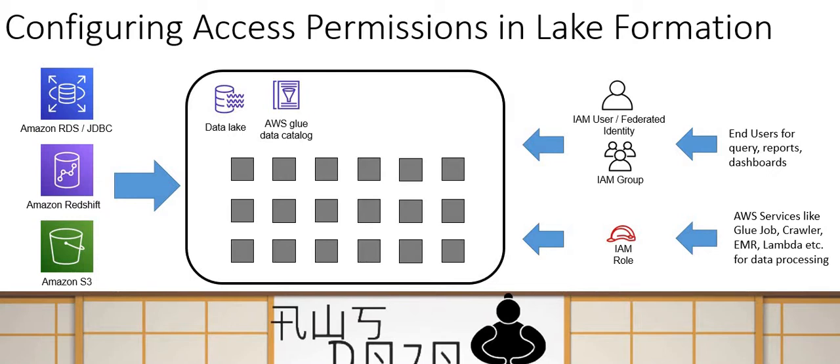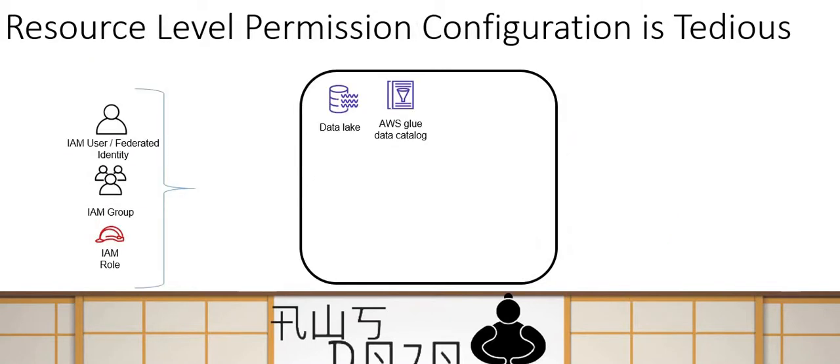Having understood how access permission works within Lake Formation, let's see how resource level access permission works, and why it is a tedious job. When I say resource level access permission, the resources I'm talking about within the data lake are your databases, your tables, and the columns in the table. Generally, you have a data lake and you create one resource, which could be a table, database, or a column.